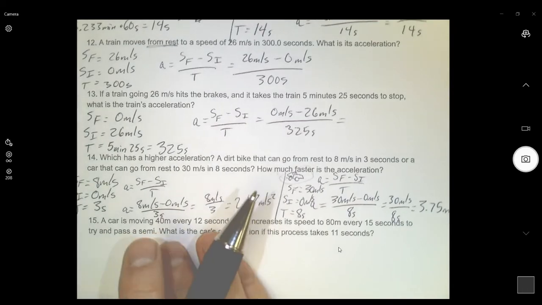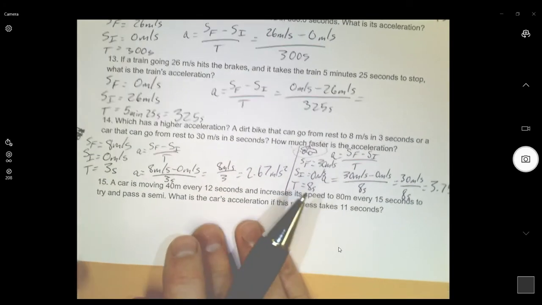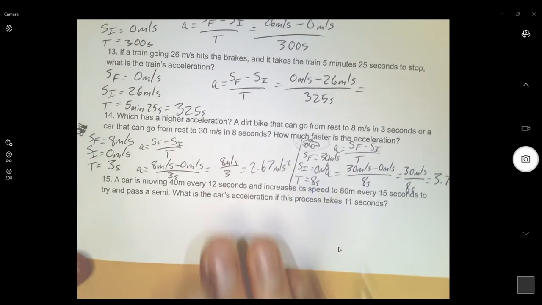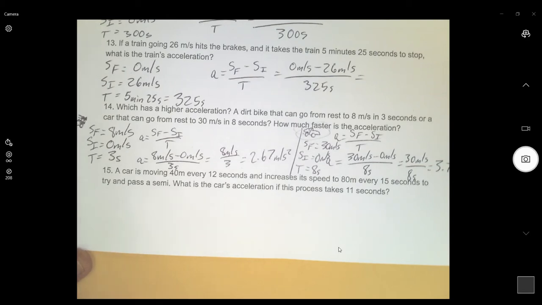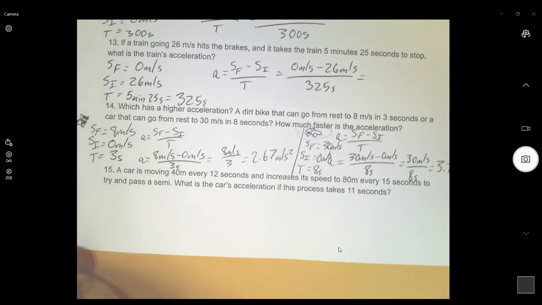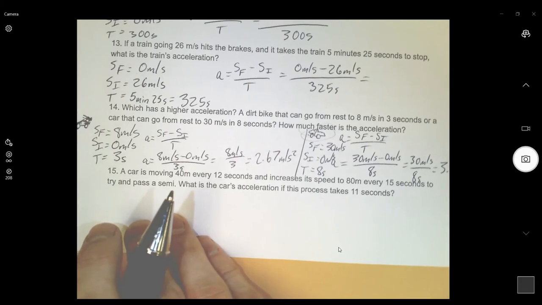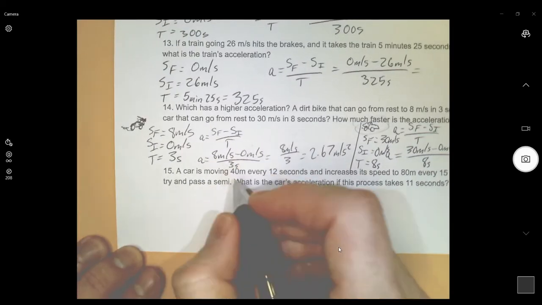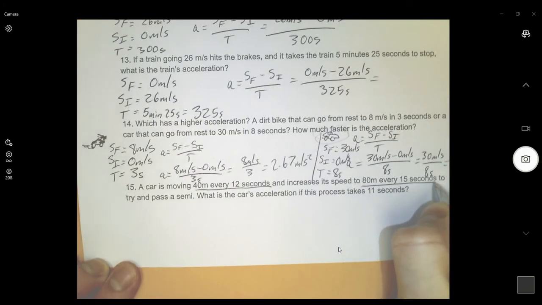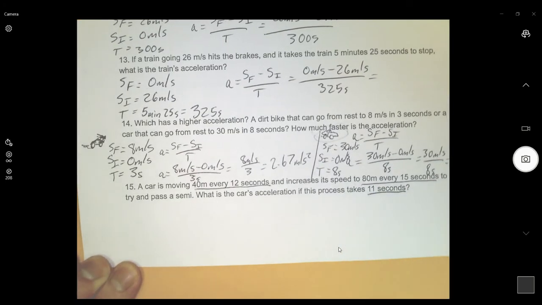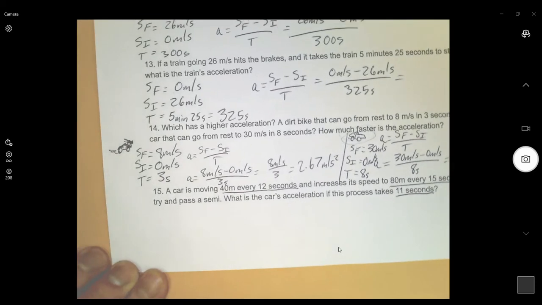And finally, number 15, a car is moving 40 meters every 12 seconds and increases its speed to 80 meters every 15 seconds to try and pass the semi. What is the car's acceleration if this process takes 11 seconds? So what this means is you have to find your initial speed and your final speed, and then find the acceleration for how long that took to change.